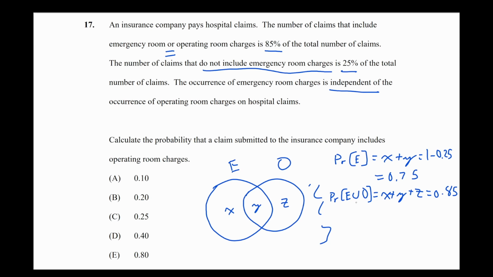Okay, so if we break down what this actual formula is, the probability of E union O, the probability of emergency union operating, let's write it a little bit more concisely.